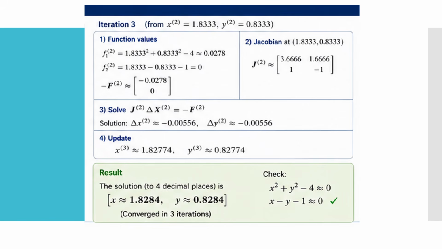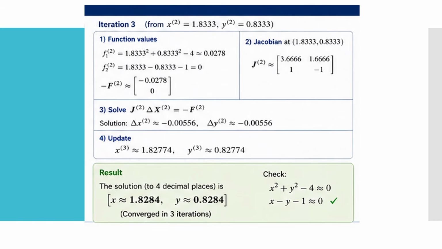Again, we'll solve for the change: the Jacobian matrix times the correction value at the second iteration is equal to minus the value of the function evaluated at the second iteration. And by solving that, the change in x is obtained as 0.05, and the change in y is obtained as 0.0.